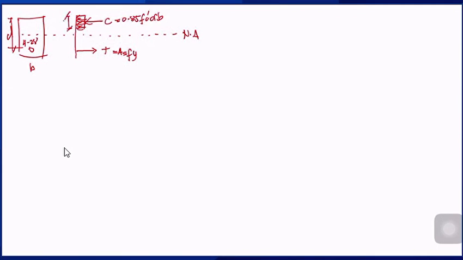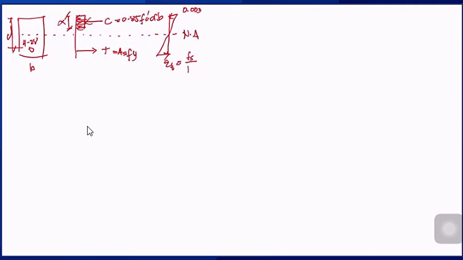So what else? Your strain diagram. So this is 0.003, and then we have epsilon sub t is equals to Fs over Es.